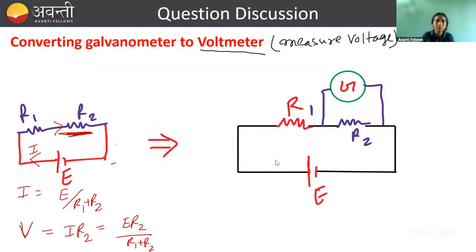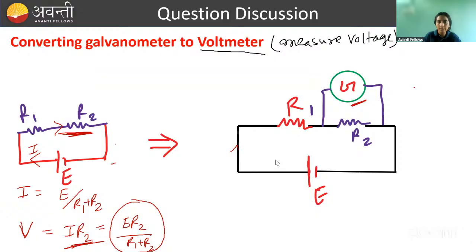ठीक है, so here across R2 we are going to measure potential difference, इसीलिए मैंने गैल्वेनोमीटर को कनेक्ट किया across R2। गैल्वेनोमीटर को कैसे कनेक्ट किया? Across R2 पैरेलल में। ठीक है, अब देखो ऐसे गैल्वेनोमीटर को कनेक्ट करने से कुछ प्रॉब्लम हो रहा है क्या? वोल्टेज, ये वाला वोल्टेज मेजर कर पाएगा क्या? यानी कि IR2 मेजर कर पा रहा है क्या?